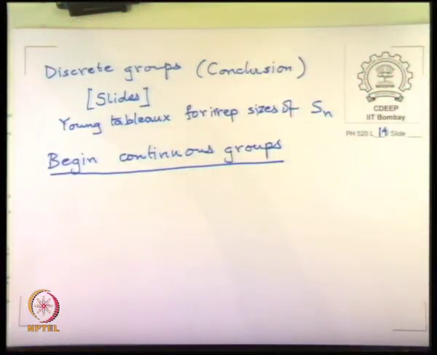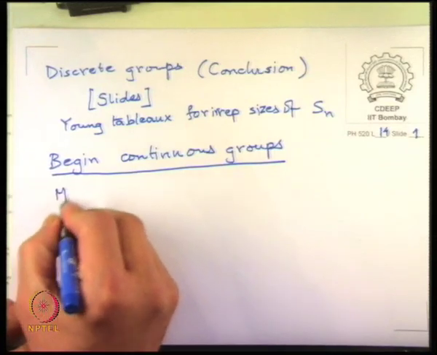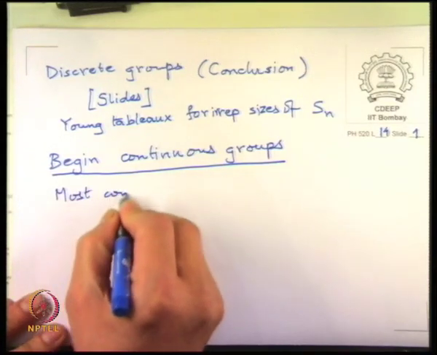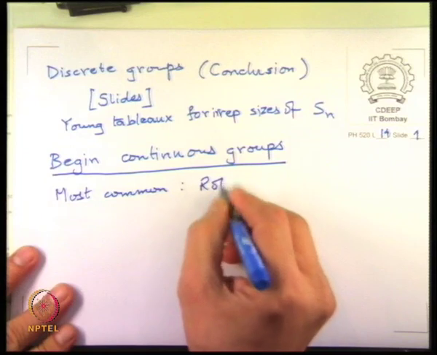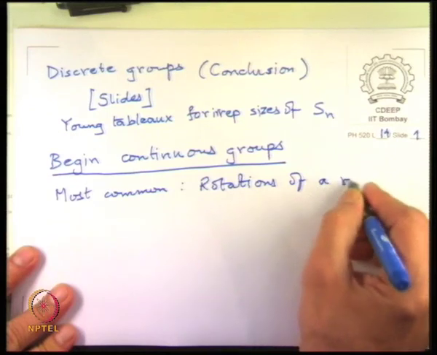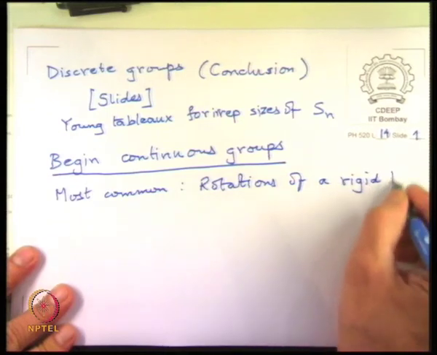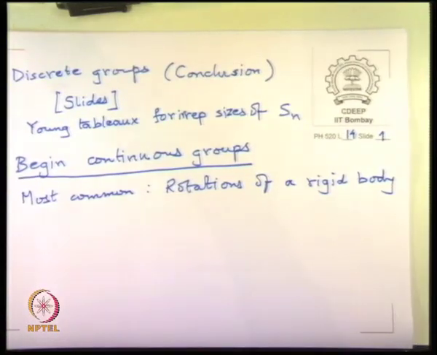The simplest example of a continuous group is the rotation group. Here we do not care too much about the symmetry of the rigid body, so long as it remains the same body. We could have an arbitrary shape, but it should not be stretching and deforming; under rotation it remains the same thing.